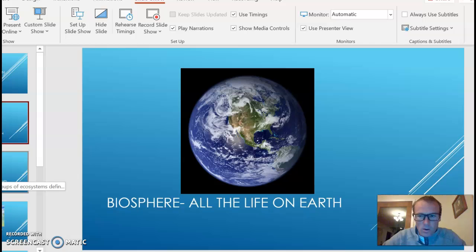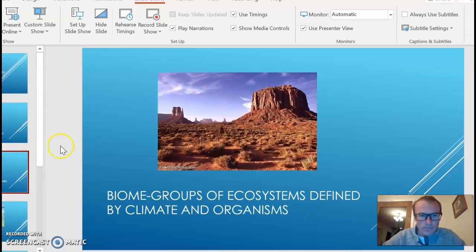As we get smaller in the levels of organization, the next level, what we would say, is a biome. So a biome is a group of ecosystems, and a biome is defined by, for the most part, abiotic factors. So when I say the word abiotic, I mean not living.